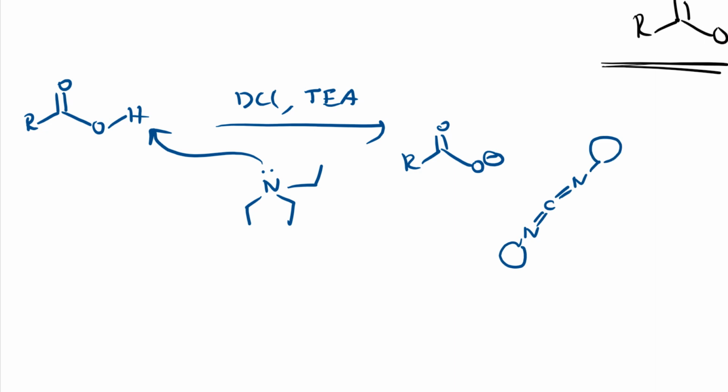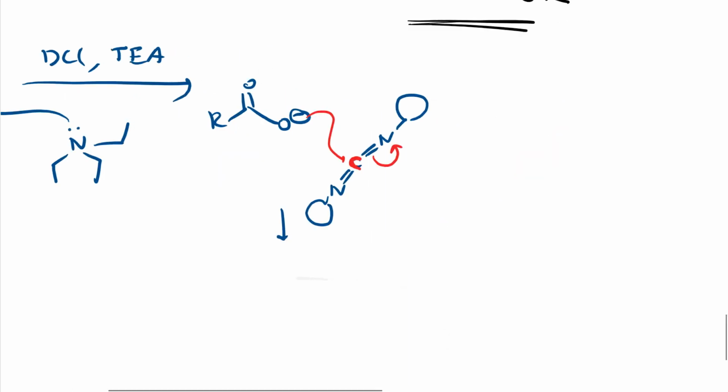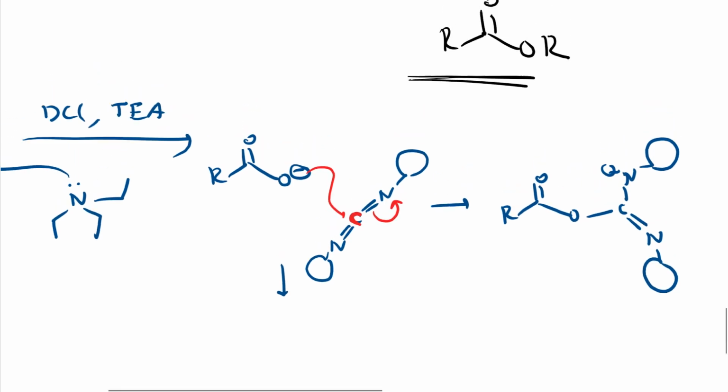As we know, this carbon is more electrophilic, so it takes this electron density, and this electron density goes on nitrogen. So what will I get? I can write RCOO on the carbon, the nitrogen gets a negative charge, with the cyclohexane ring and the double bond to N. Here I have triethylamine with a positive charge, as it has taken the proton from that acid.